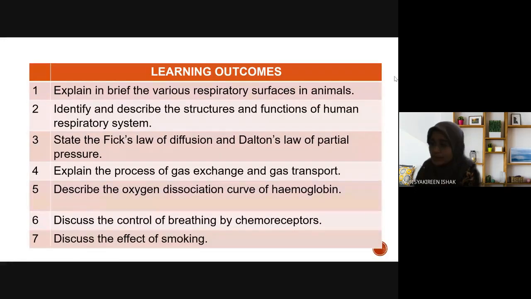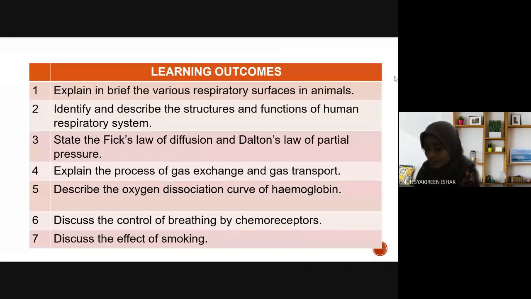Gills for aquatic animals, and skin for amphibians also. So amphibians use skin and also lungs, so they have a pulmocutaneous circuit. For mammals we have a pulmonary circuit because we use only lungs.